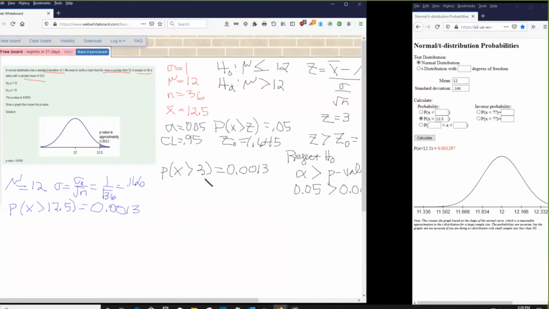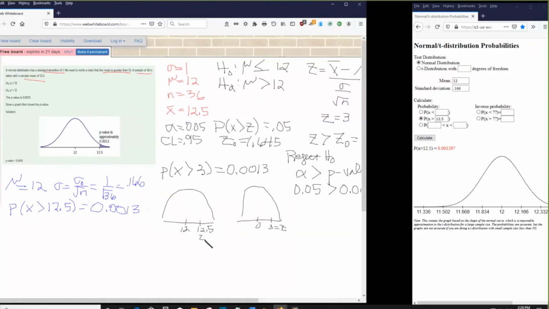These are going to give us similar numbers because these are the same z-values. So remember that if I have a standard normal distribution, which means that my mean is 0 and standard deviation is 1, and it has a z-value of 3, I can have a different graph with a different mean. So this is a mean of 12 and then my value 12.5.